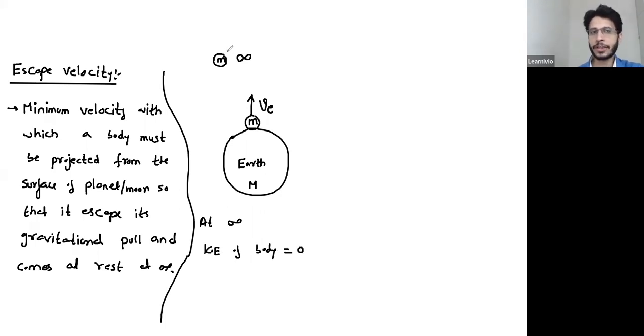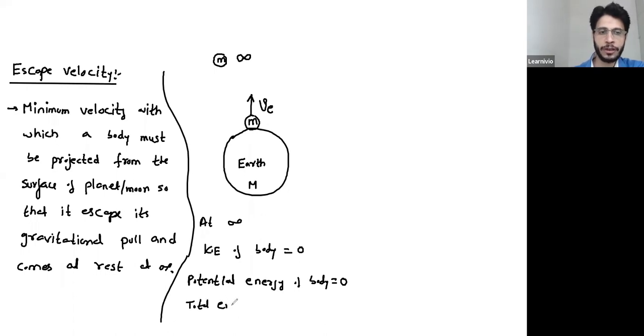There is no interaction at infinity between body and Earth. So potential energy of the body, can you guess? Yes, zero. So you can say that total energy of the body at infinity is the sum of kinetic energy plus potential energy. Both are zero, so this is zero.